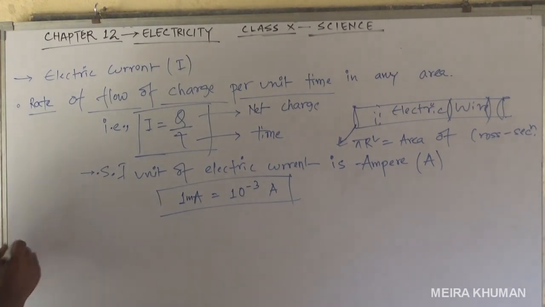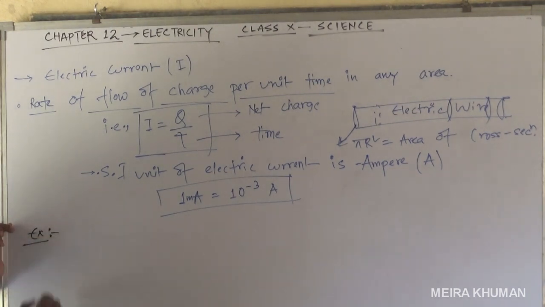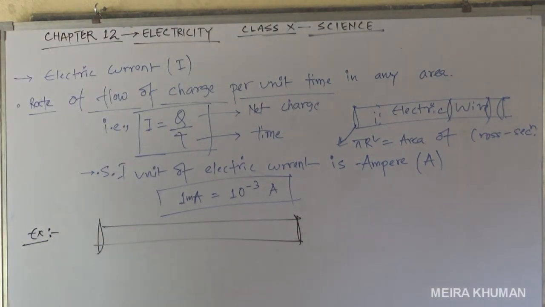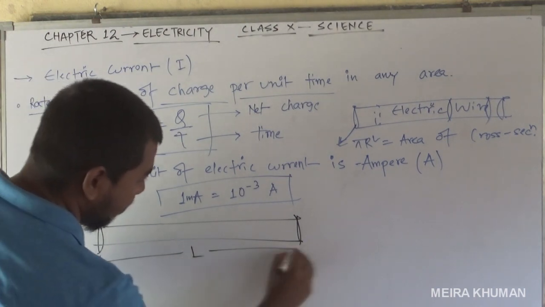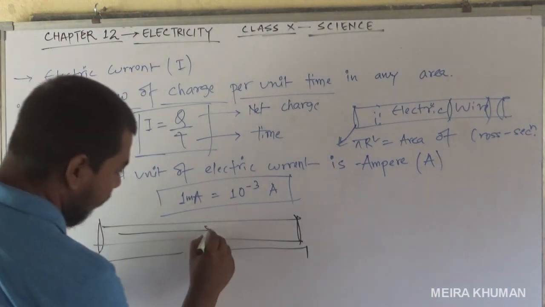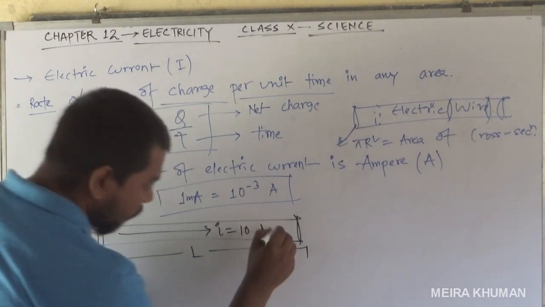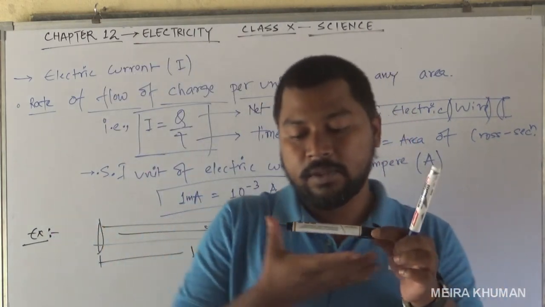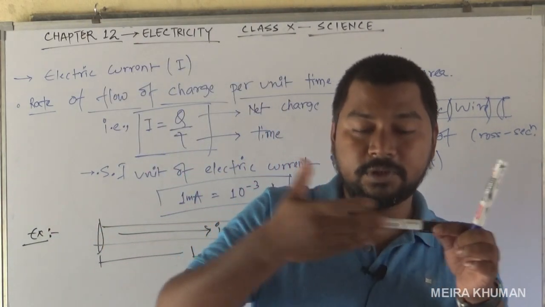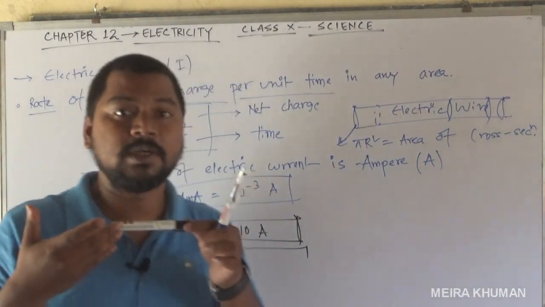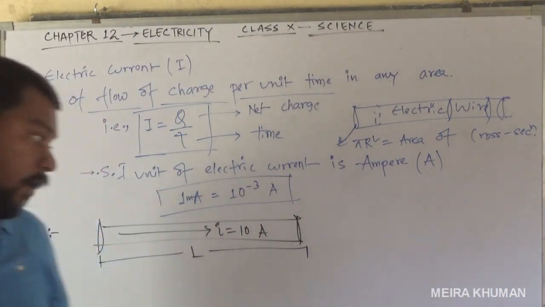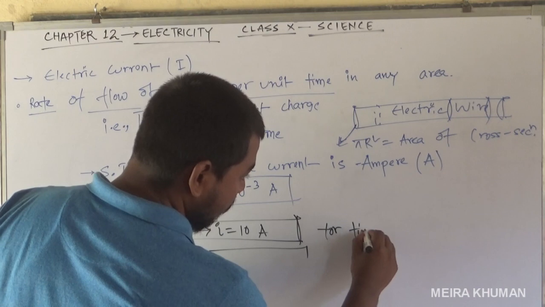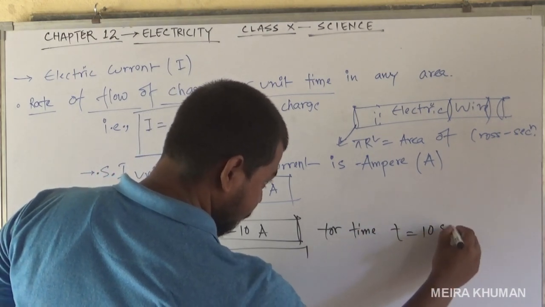Say this is an electric wire, which is having a certain length L. There is a certain current I, which is equal to 10 ampere, flowing across that particular wire for the time t equal to say 10 seconds.